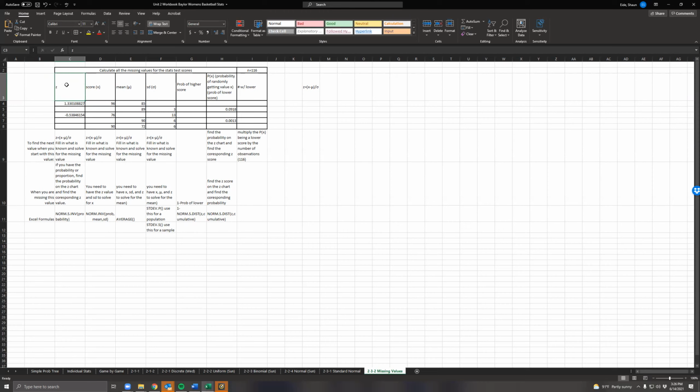And once you get the z-score, you can either use the z-chart, or you can use this norm.s.dist to find the probability of it being higher or the probability of it being lower. And so the reason why I have this right here is because I want you guys to practice filling in all the missing values.